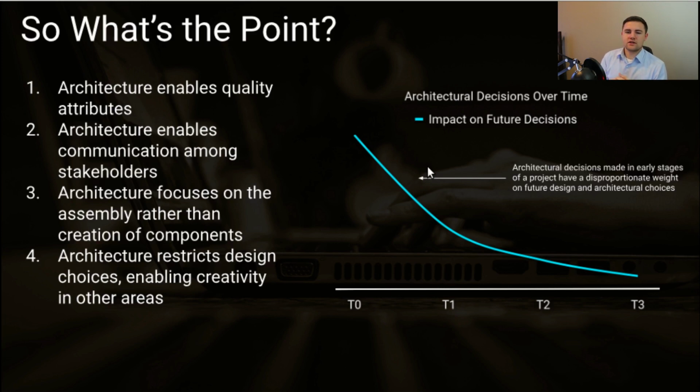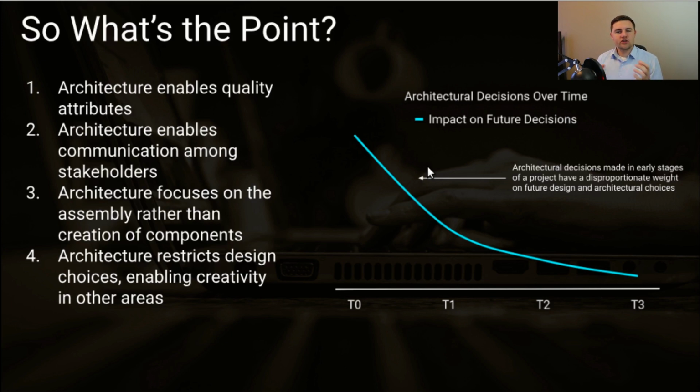It also focuses on the assembly rather than the creation of components. We care a lot less about how we're going to actually code the solution, and more so about how the different pieces that we've coded are talking to each other. And then finally, it restricts your choices in a way, which ultimately leads to creativity in other areas.